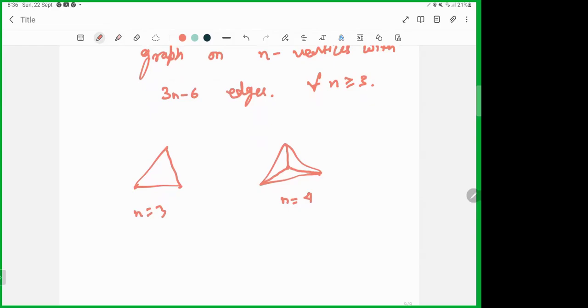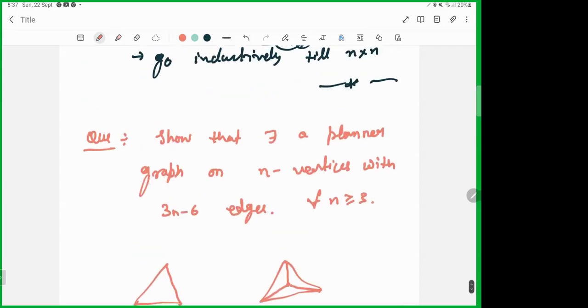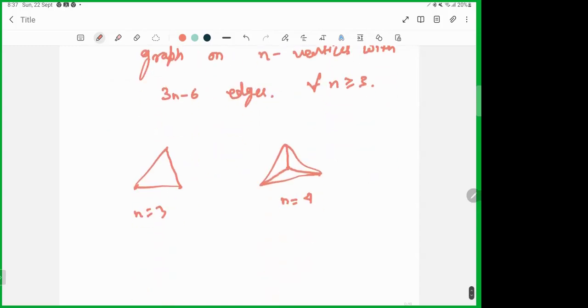So on 5 vertices, we have 1, 2, 3, 4, 5, 6, 7, 8. We want to show that for each n, there exists a planar graph with 3n minus 6 edges.